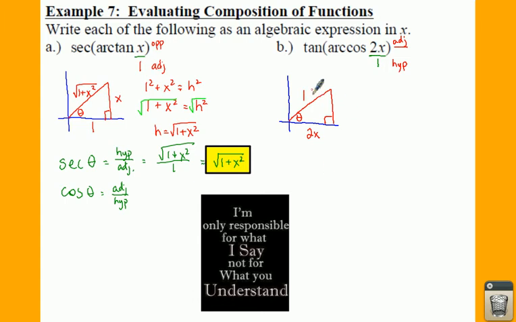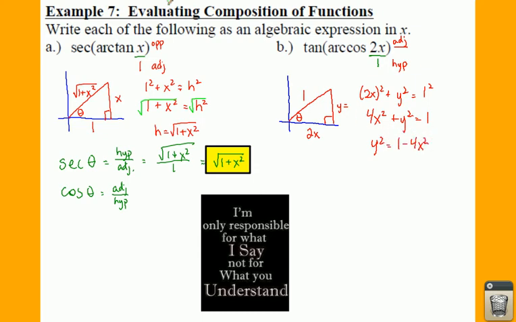So we need to find out what y is equal to. So once again, Pythagorean theorem, 2x squared plus y squared equals 1 squared. So you get a 4x squared, not a 2x squared, plus y squared equals 1. Subtract 4x squared from both sides and you get y squared equals 1 minus 4x squared.